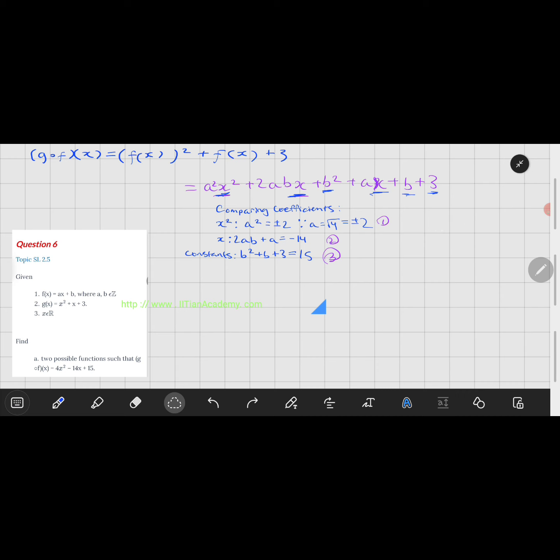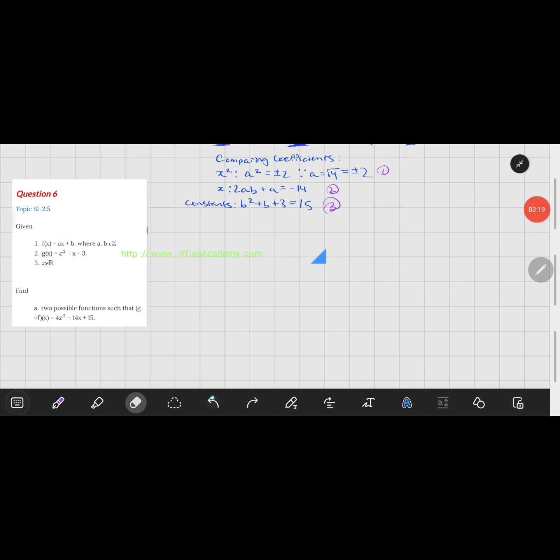If we first evaluate positive 2, we let a equal 2, and then a squared will indeed equal 4. So our first condition is satisfied, and we'll evaluate our second coefficient, where 2ab plus a is equal to negative 14.